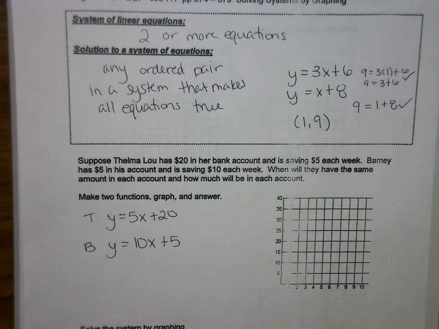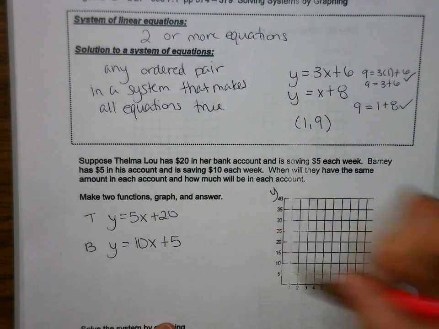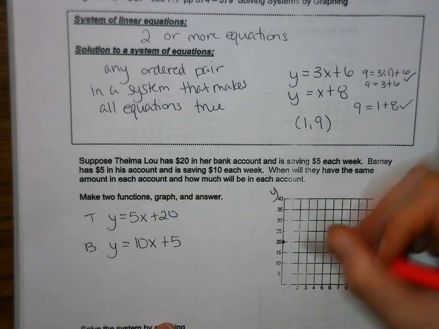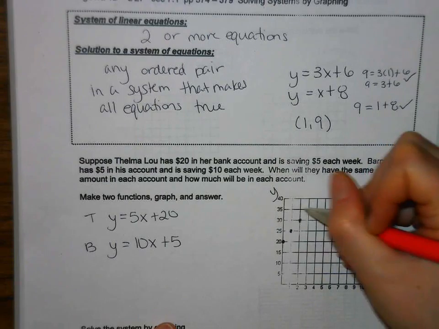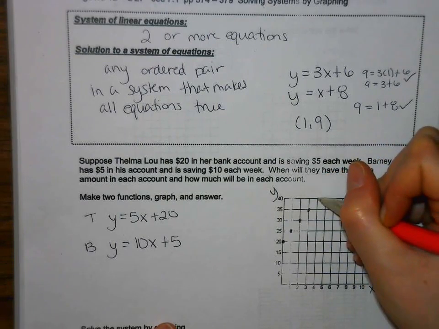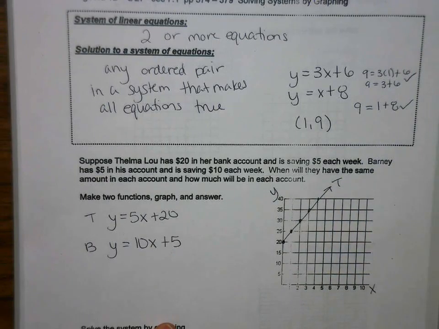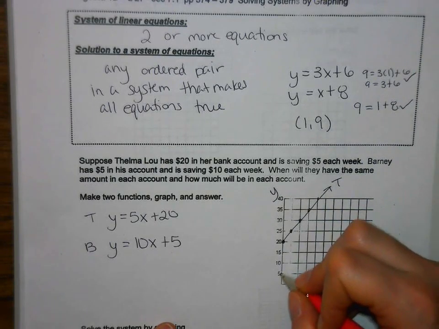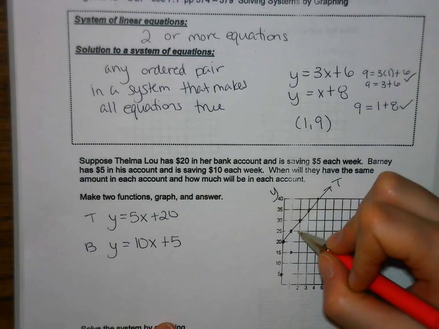So let's graph these. Here's our x and y. Thelma started at $20 and she increases by 5 each week. So here's her equation. So that's Thelma.